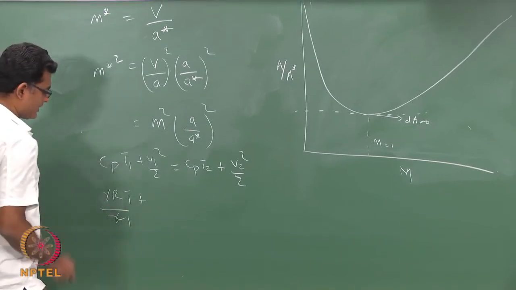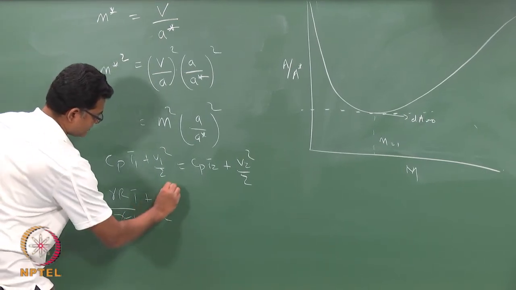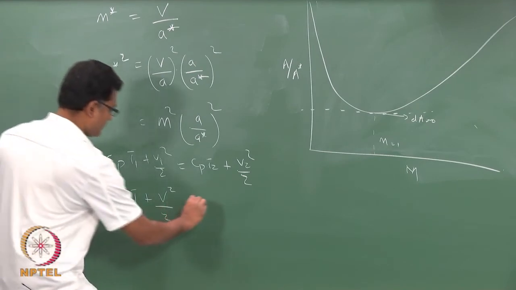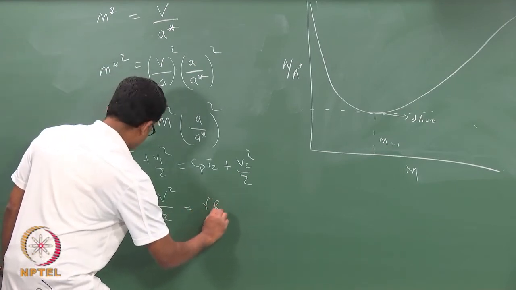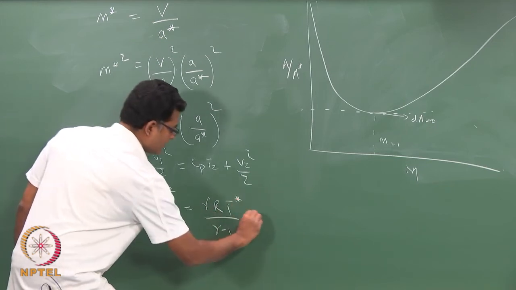So, state 1 is any state, so I will remove the suffix 1, and 2 is my star condition. So, I would replace 2 with my star values.